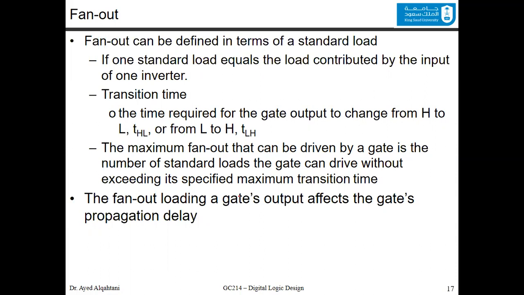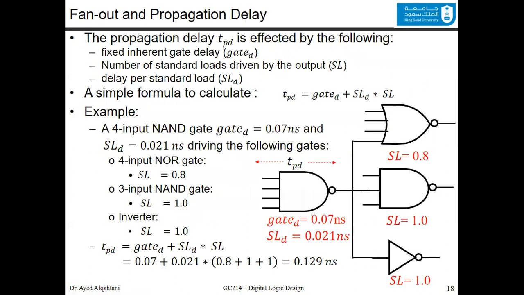The fan out loading of a gate output affects the gate's propagation speed. To give you an example to understand this, the propagation delay, tpd, is affected by the following.